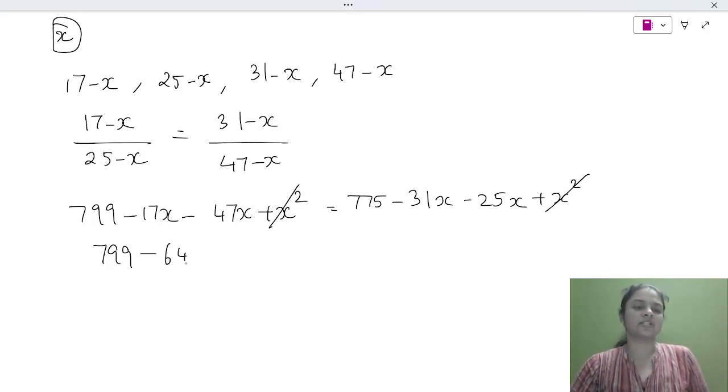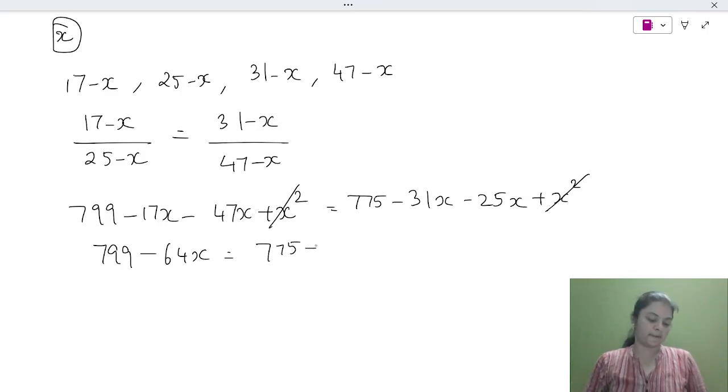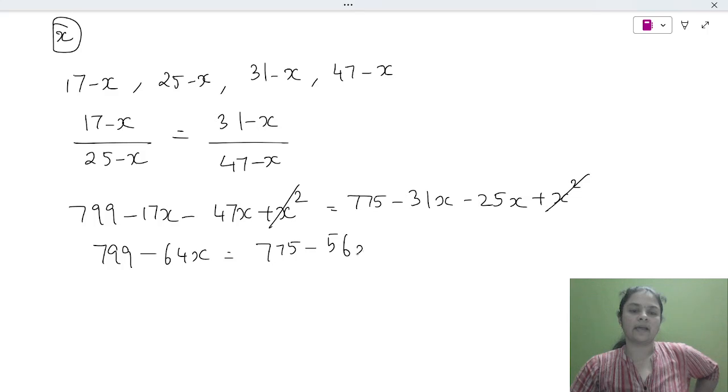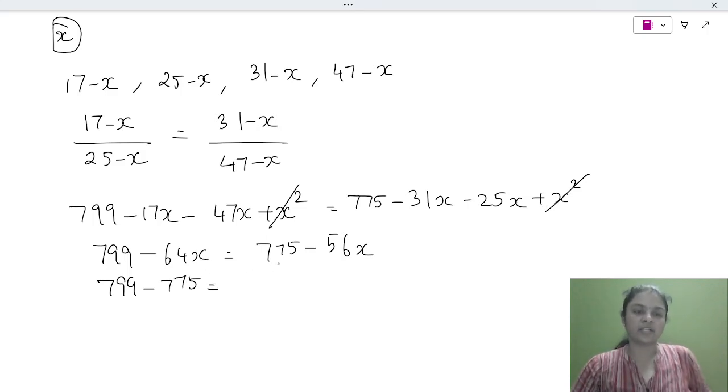So minus 64x equals 775 minus 56x. So bring x to one side, you will get 799 minus 775 equals, minus on the other side becomes plus, 64x minus 56x.